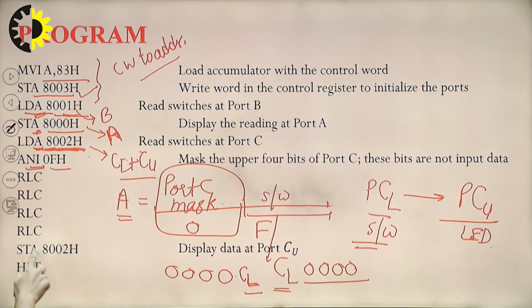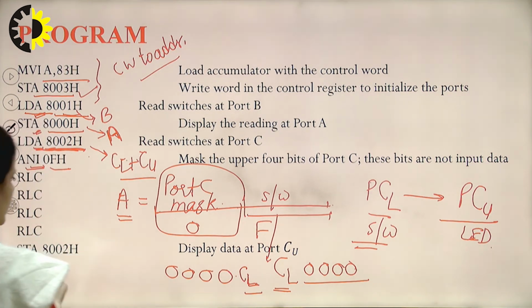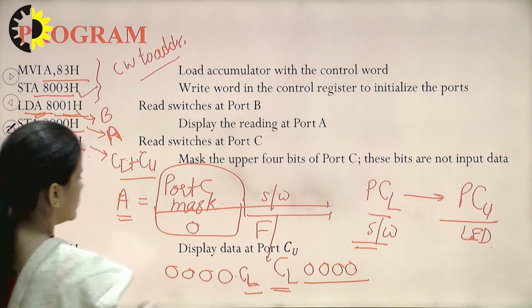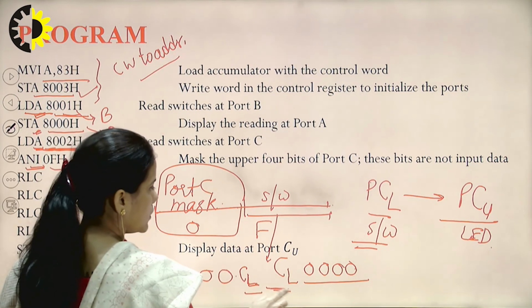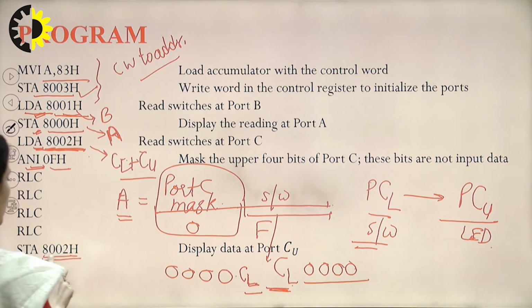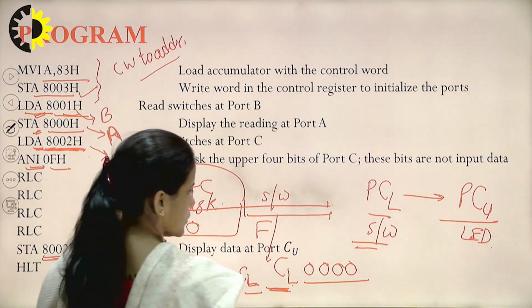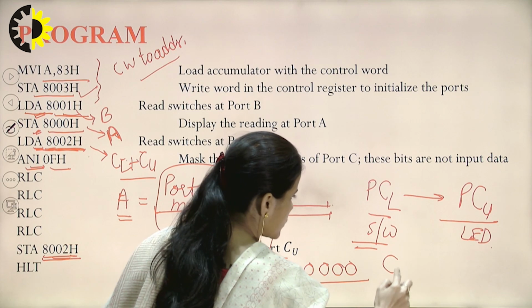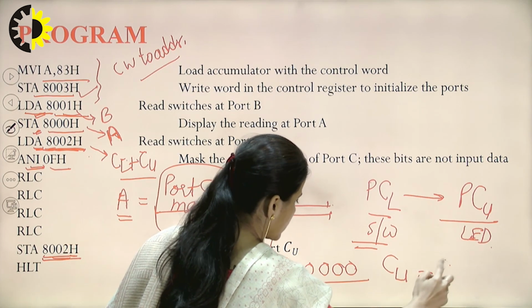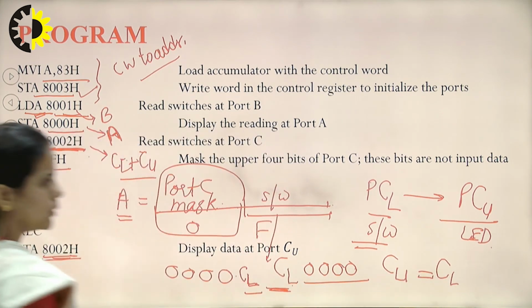So in this way we have obtained the value of port C lower in this. Now we will move this value to the port C upper. So when we move this value, obviously port C upper will get the value corresponding to port C lower.